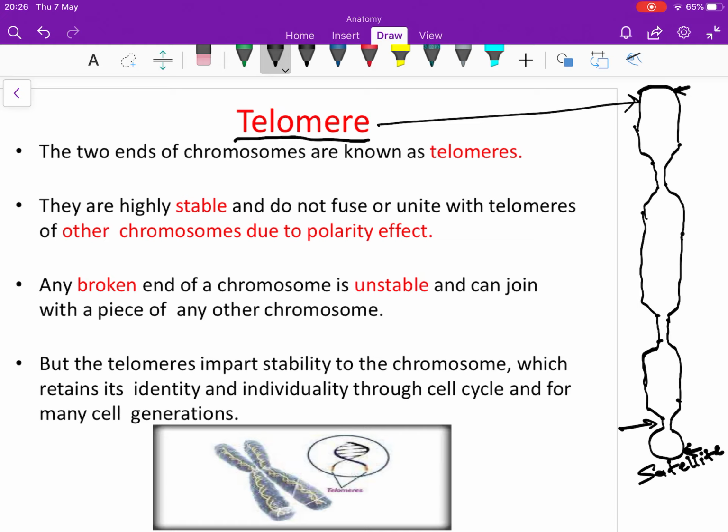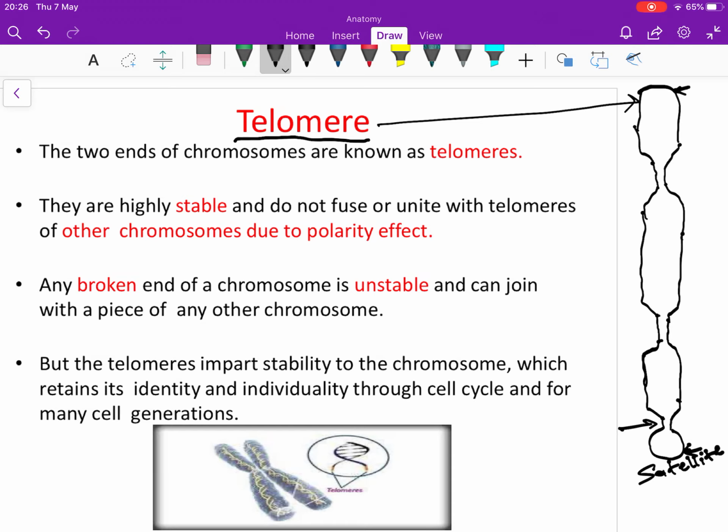Now, these telomeres are highly stable. They never fuse or unite with telomeres of other chromosomes because of the polarity effect. They are highly stable, but if broken, they become unstable and they can join with a piece of any other chromosome.